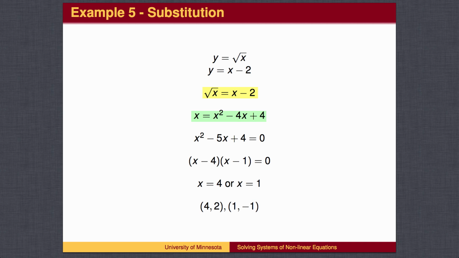Plugging these values into the second equation gives two answers. However, only one of them is correct. If we plug x equals 1 into the first equation, we get y equals 1, not negative 1. What happened is that on the third line, when x equals 1, we have 1 equals negative 1, which is false. But when we squared both sides, we lose the negative sign. We need to discard the incorrect solution.